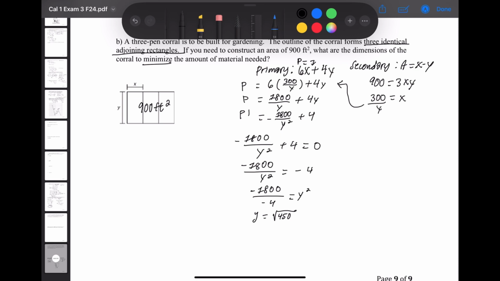Plug this y back into that, so we get 300 over 450 equals x.